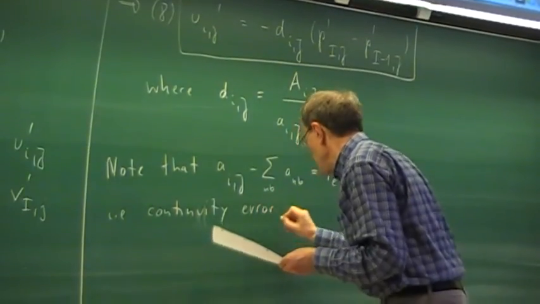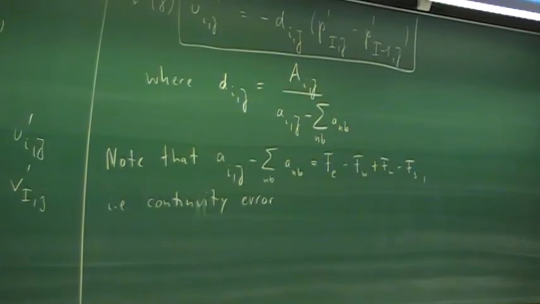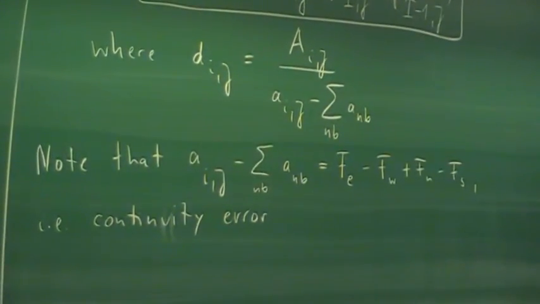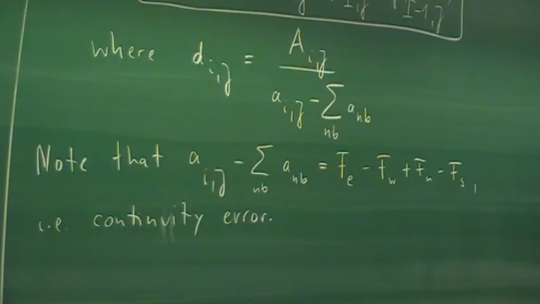So if that has some value, then the net mass flow, that should be zero for incompressible flow, is not zero. But in the iterative process, we usually have this non-zero.